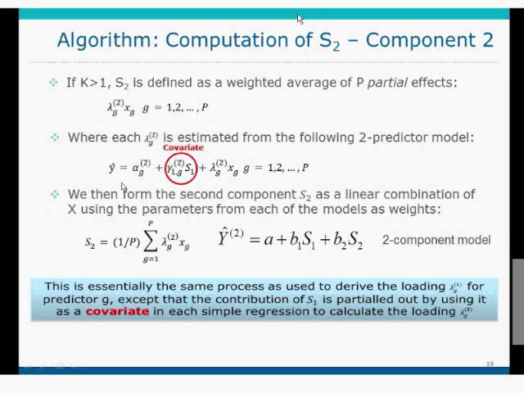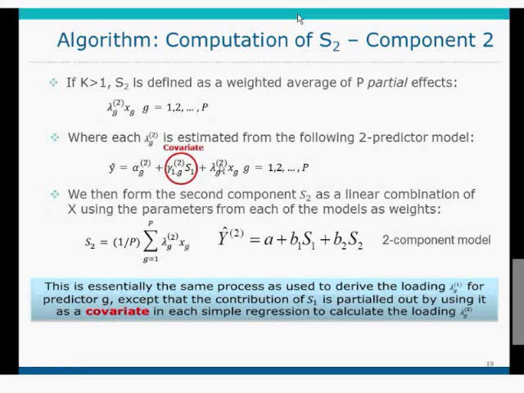Well, it's very similar to the one-component model, except to get the lambda G now, it's a partial effect, where we take S1, which we already computed. That's the first component that we computed. And we put that in the regression equation as a covariate. In other words, it's another predictor.